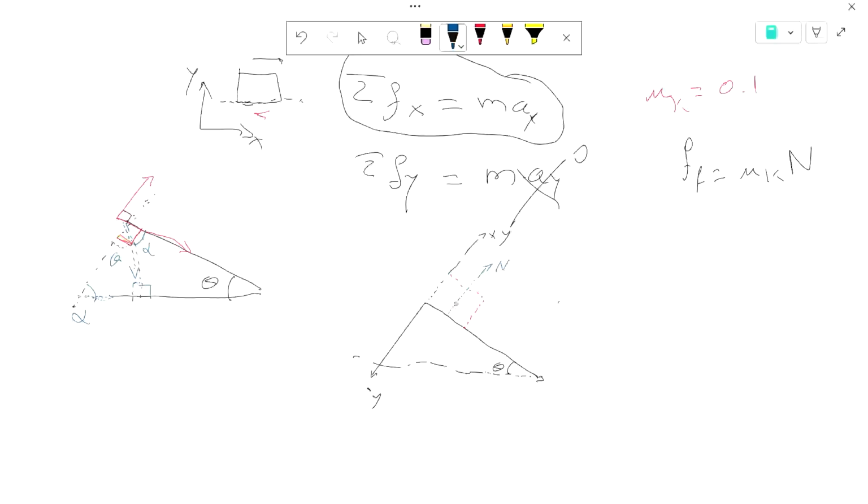And then there is a component. Gravity is always going to be vertical in the absolute coordinate system. So that's the confusion. Even though we chose an arbitrary system, gravity is going to be pointing down.